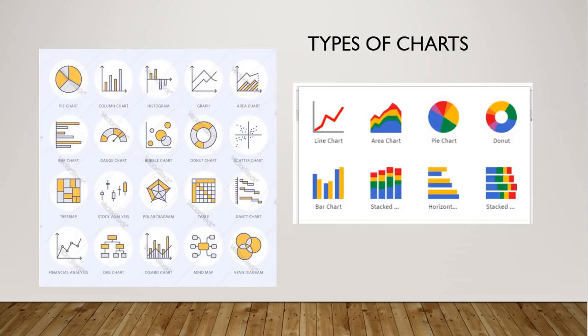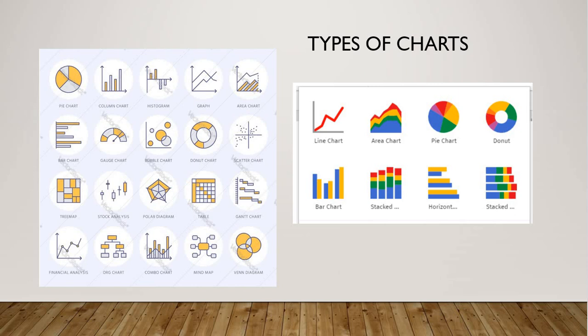So types of chart, we have pie chart, column chart, histogram, graph, donut, we have done in our tutorial session. Okay, we have gauge chart, yang kadang-kadang dipanggil juga dengan speedometer. Okay, tree map, this is tree map. Okay, Gantt chart, we have done also Gantt chart, combo chart, organizational chart.